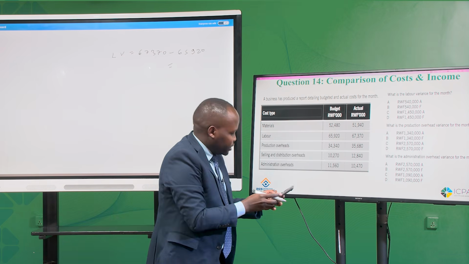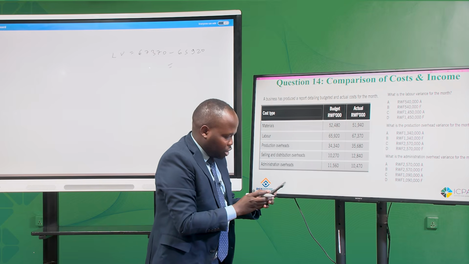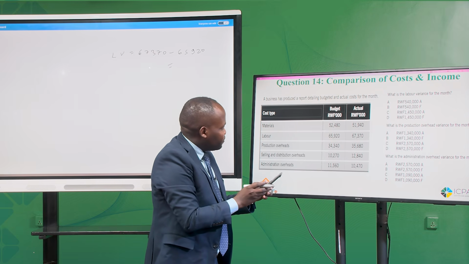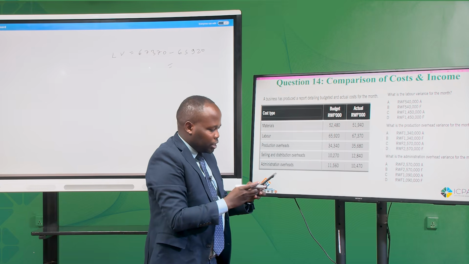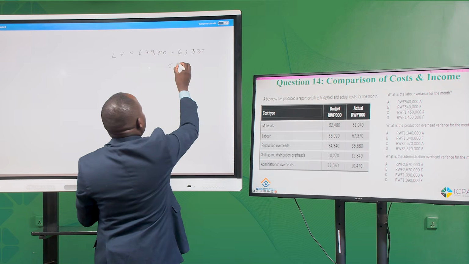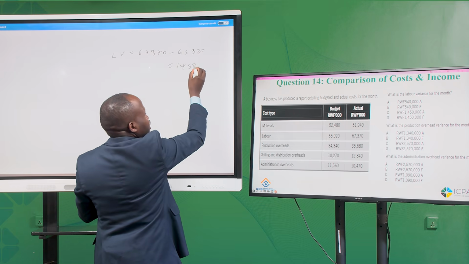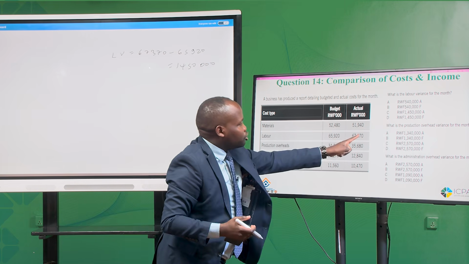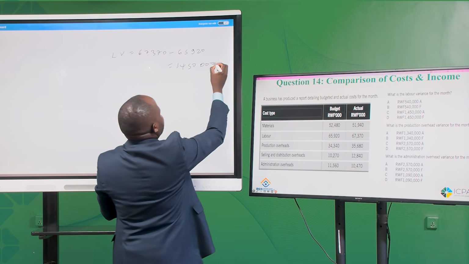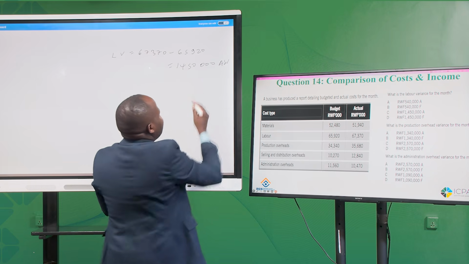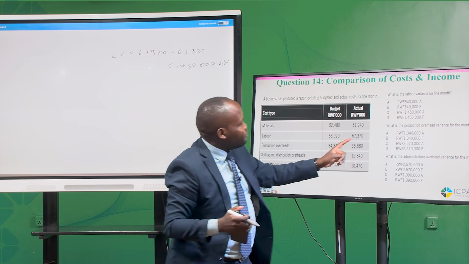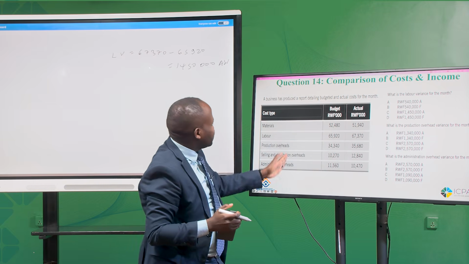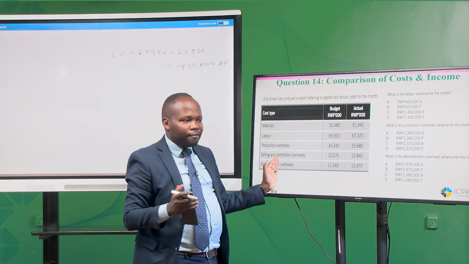We can just get the difference. 67,370 minus 65,920 gives us 1450, but we add the 3 zeros. But you realize actual was more than budgeted. So the answer is adverse. So let's look for 1450 adverse. 1450 adverse is C.